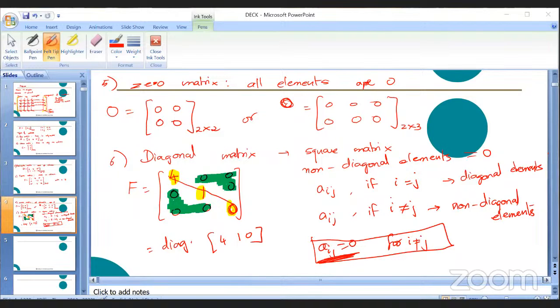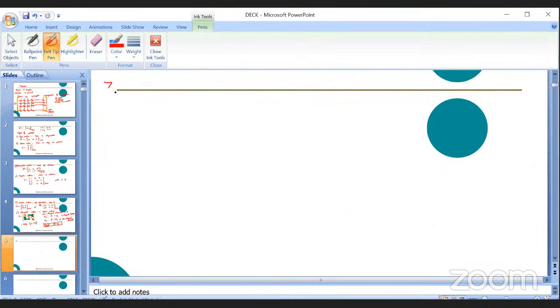Then the scalar matrix. What do you mean by scalar matrix? Seventh one. A scalar matrix is first of all a square matrix. Then it is a diagonal matrix. But the diagonal elements are the same.